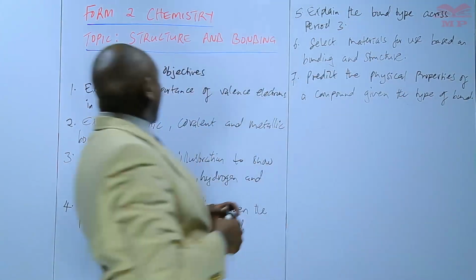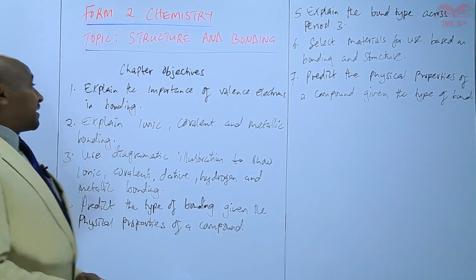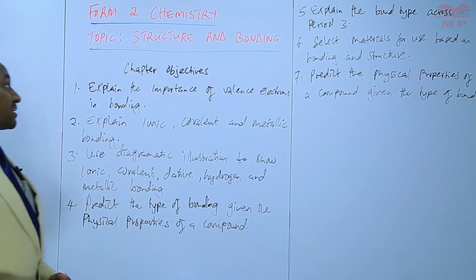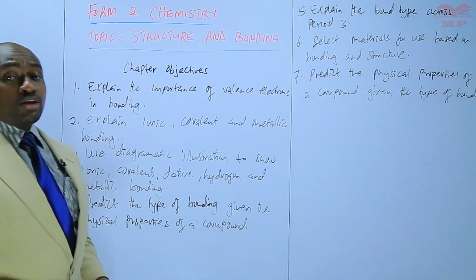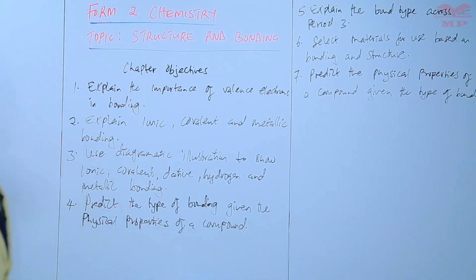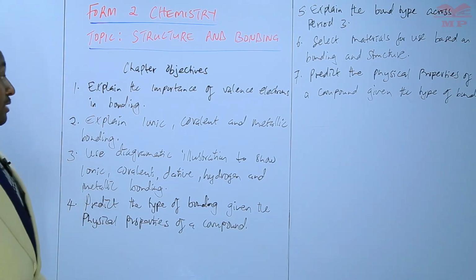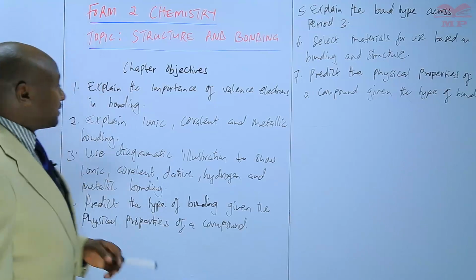So those are the objectives of this particular chapter that every learner is expected to understand, as a guide to know whether you are well versed or conversant with this topic. The first objective is to be able to explain the importance of valence electrons in bonding, and we have said that valence electrons are the outermost electrons.